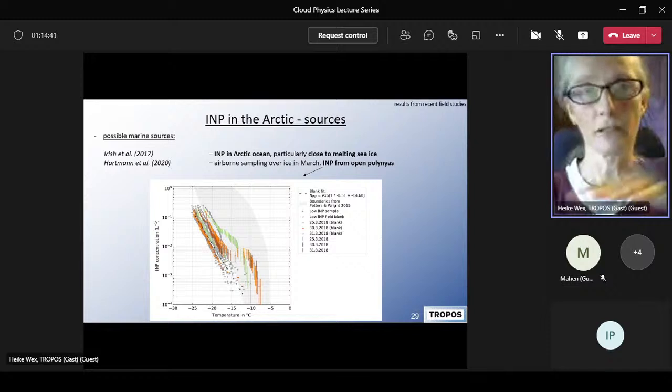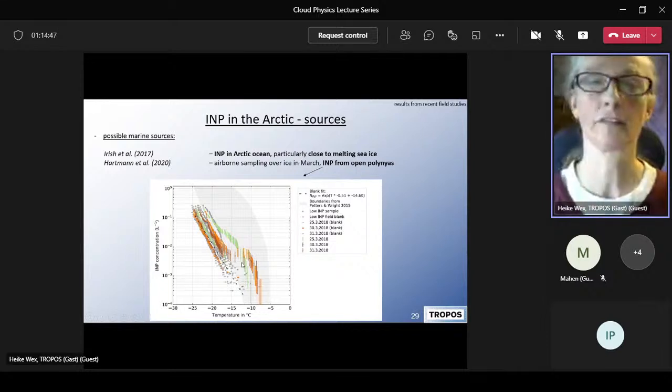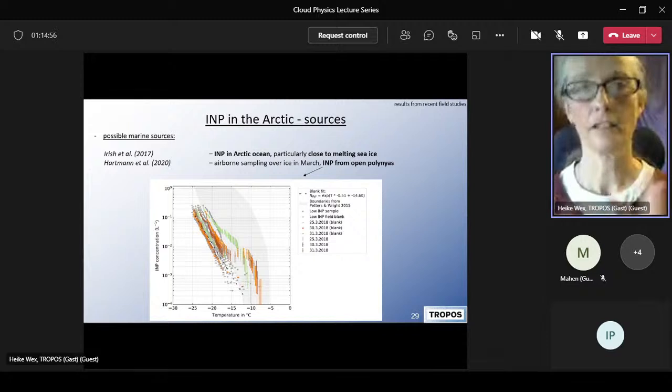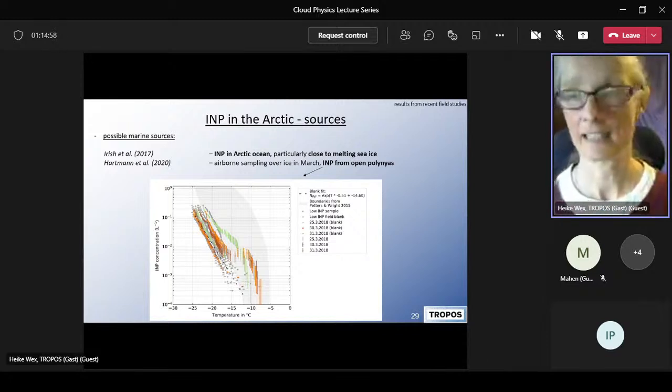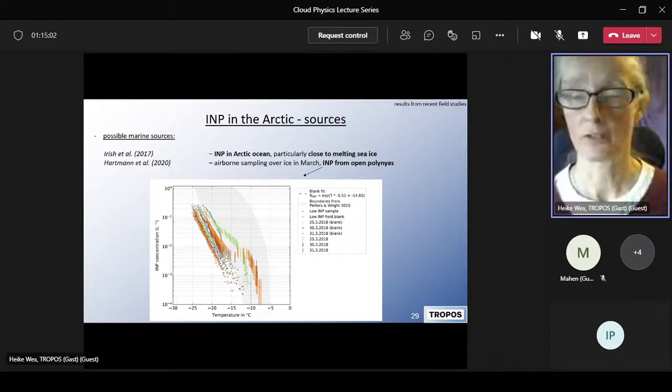But when we flew very low, we found these colored curves down here. Those were the 3 flights, like 100 meters above the ice only, with high concentrations of INP. So we suspect that these came from open polynyas, that they are a source, however, only very locally detectable. So it's a kind of a weak local source.